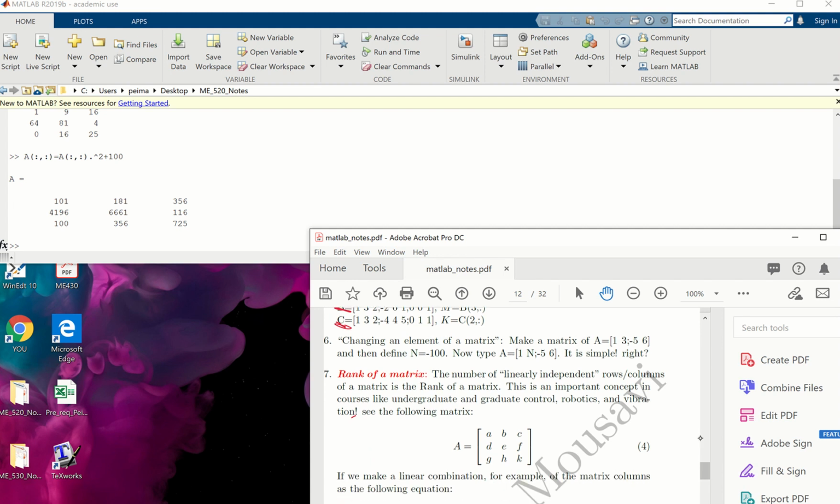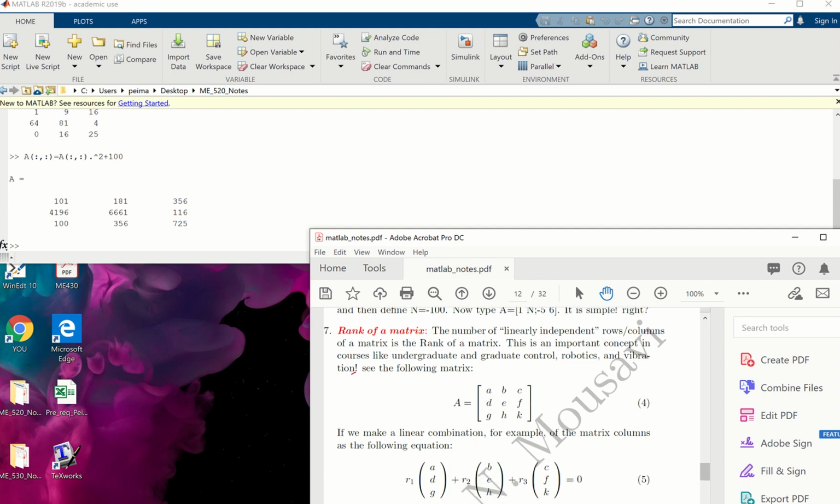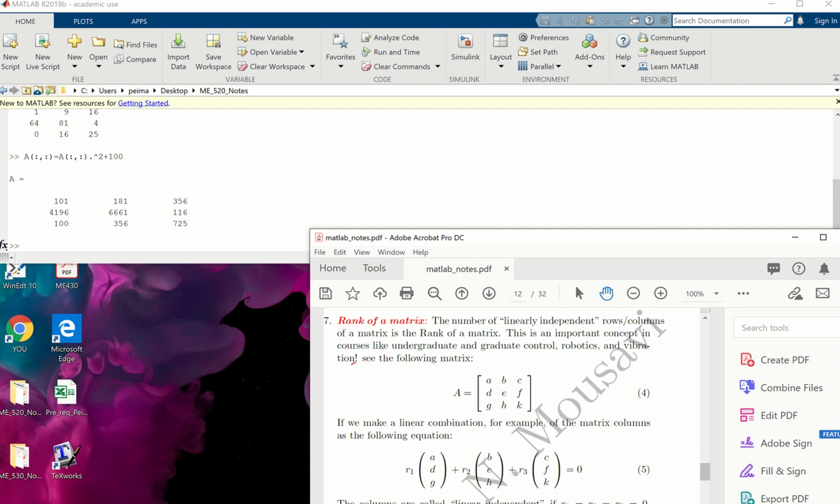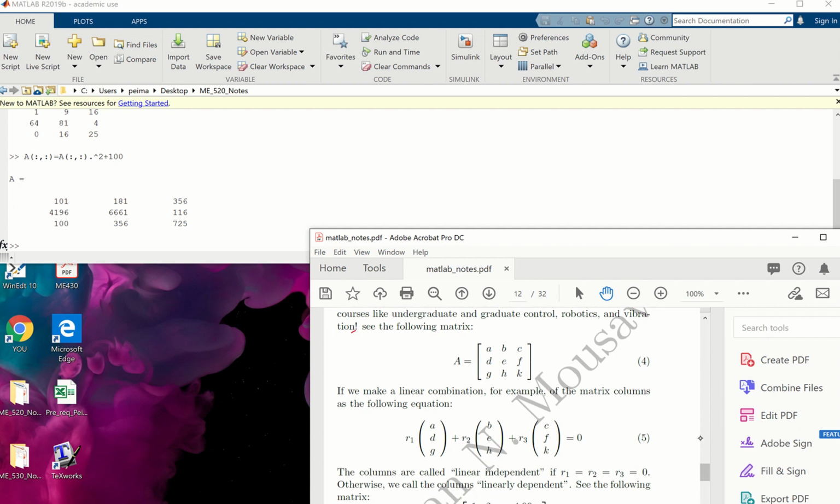If we make a linear combination, for example, of the matrix columns as the following, look at here. We are taking the linear combination of this column, this column, and this column. So R1 times the first column, R2 times the second, and R3 times the third. These are definitions. The columns are called linearly independent if R1, R2, and R3 are 0.